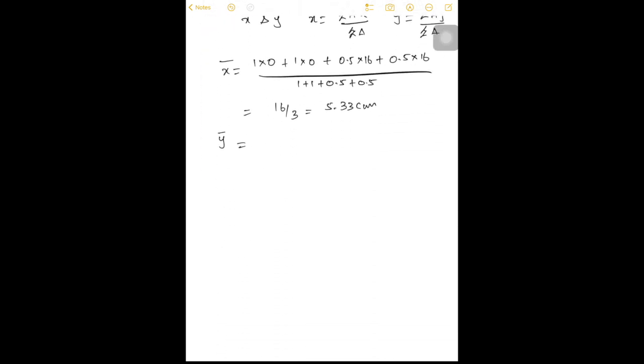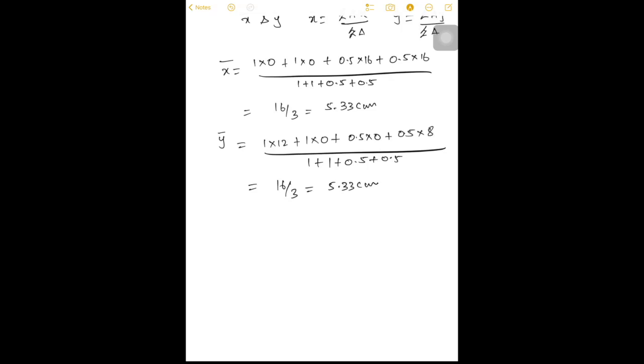So boom A, the area is 1, the distance is 12 centimeter, plus boom B, the area is 1, it lies in the reference plane, the distance is 0, plus boom C lies in the reference plane, the area is 0.5, the distance is 0, plus boom D, the area is 0.5 and it is 8 centimeter from the reference plane, divided by the summation of all the areas, area of boom A plus B plus C and D. So you will get 16 divided by 3 equal to 5.33 centimeter.